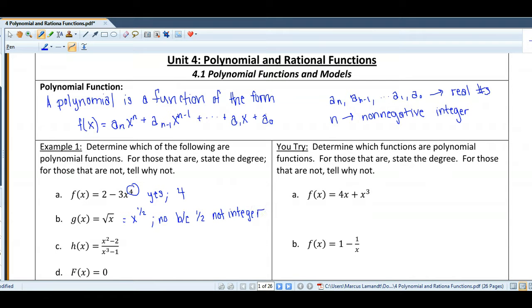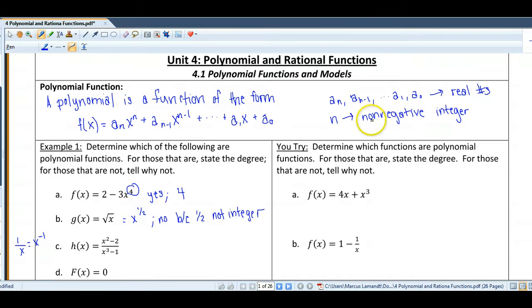Okay, for part C, h is not a polynomial function. It is the ratio of two polynomials, and the polynomial in the denominator is of positive degree. That means that if I were to switch this to the top, I would have to make the degree of this whole thing negative. Remember, anytime you have an x on the bottom, when you switch it to the top, it becomes negative.